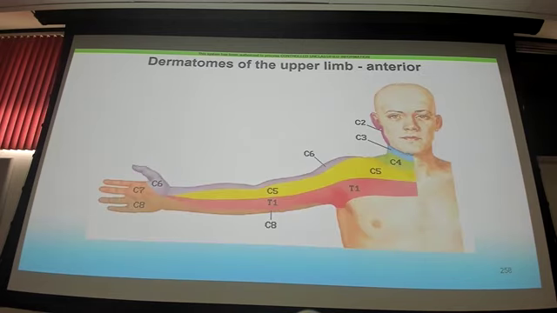And then back to our dermatomes, where we do have to pick up on these. Look at his hand. I guess it's a him, I don't know. C6, C7, C8. Does that correspond? Yes.